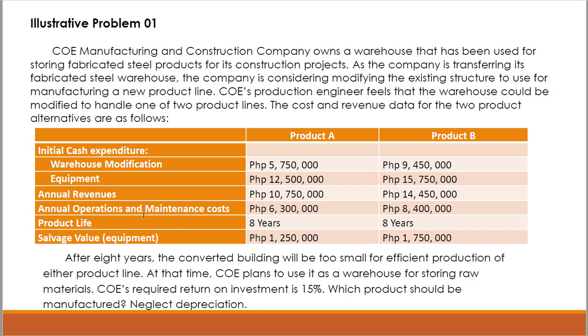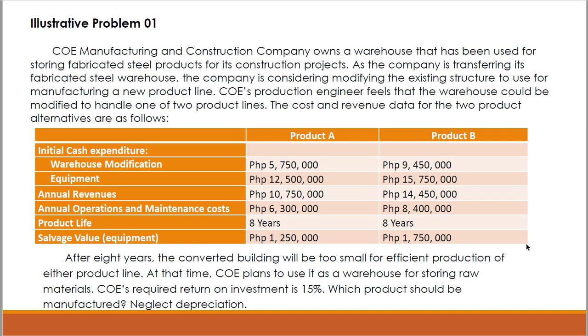Annual operations and maintenance costs, ito. And then product life, so they have the same number of years. And then salvage value of the equipment. Equipment lang, yung warehouse modification ay wala. So salvage value of the equipment is ito for the two products.